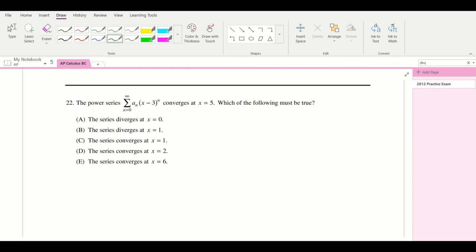when x equals 3, it's obviously convergent, right? And it's convergent at x equals 5. That means it has to be convergent at x equals 1. Because if you're going up to 5 and it's still able to converge, it's like, it's mirrored, right?